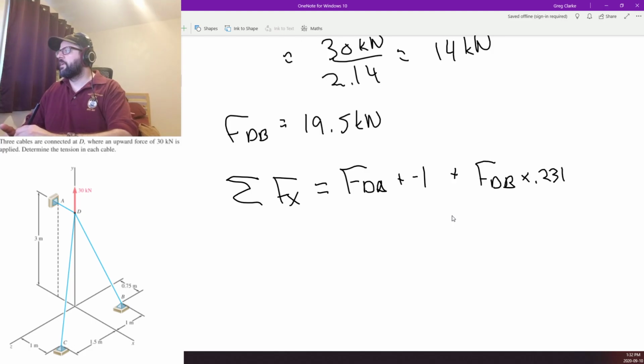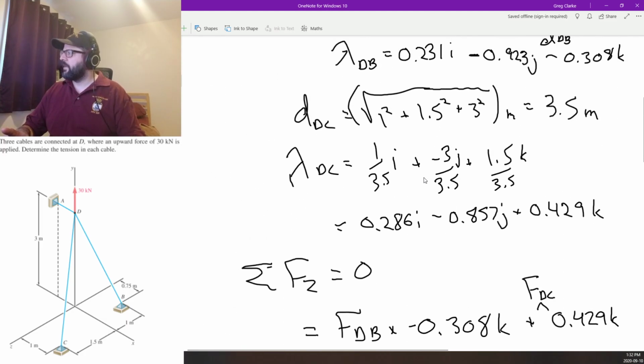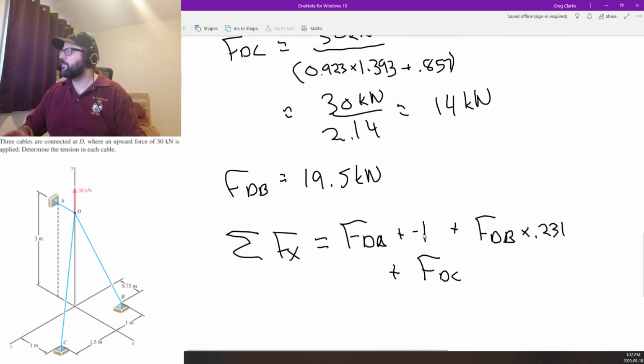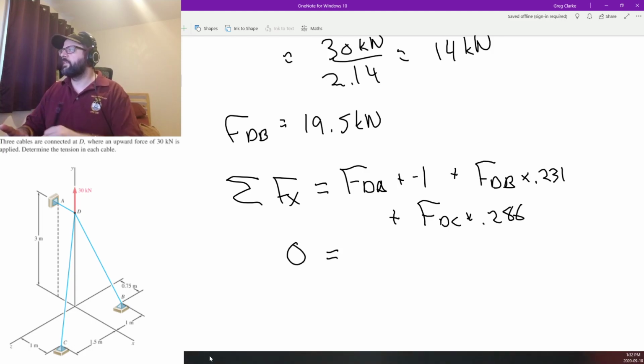And then we've got our FDC times its unit vector in the i direction, which is 0.286. And all that needs to be equal to 0.